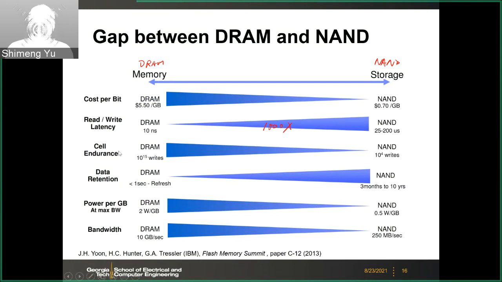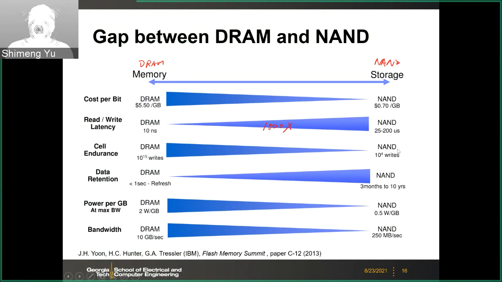And then there are some other metrics, for example, endurance and retention. We'll talk about that later in more detail. Endurance is a metric to evaluate how many cycles you can read or write the memory bits. DRAM theoretically has endurance approaching infinity, in this case like 10 to the power 15 cycles.